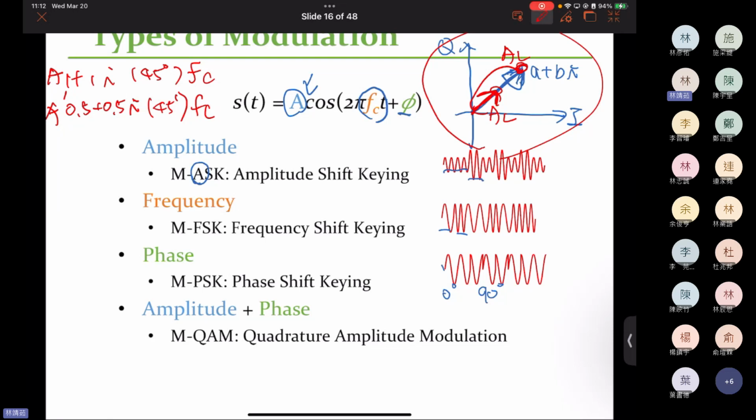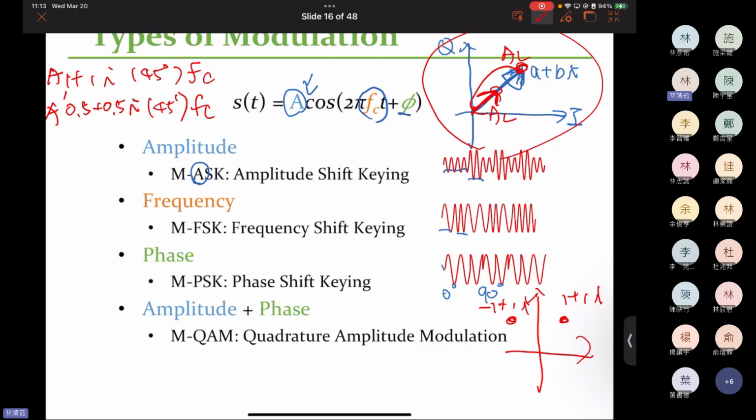Again, if you are using PSK, you might send a signal here, which is probably 1 plus 1i, and transmit a signal here, minus 1 plus 1i. This is actually PSK, right?